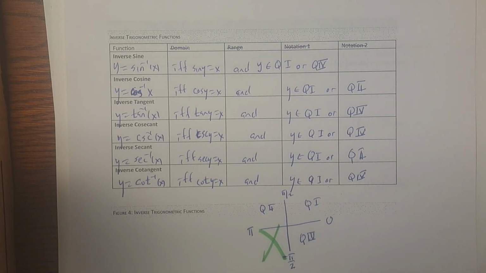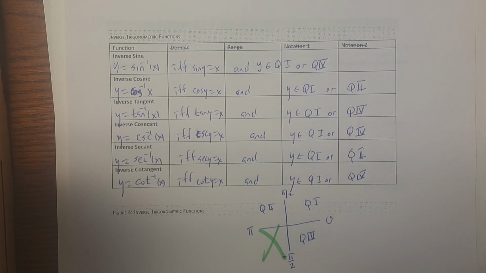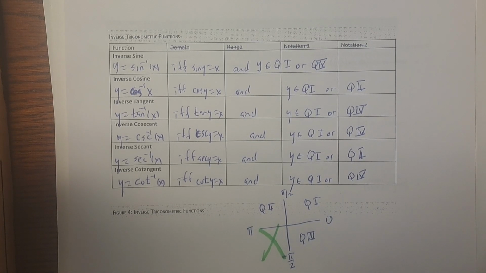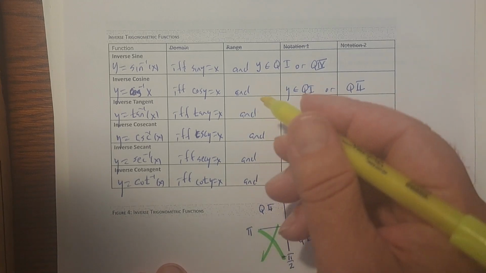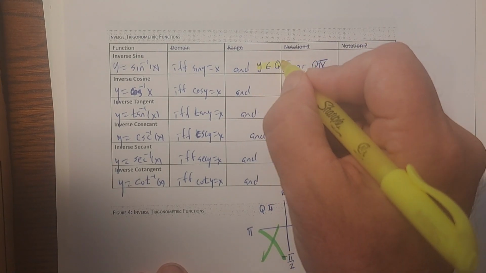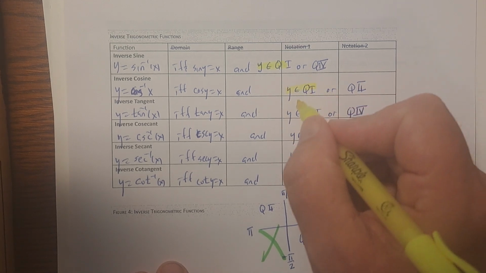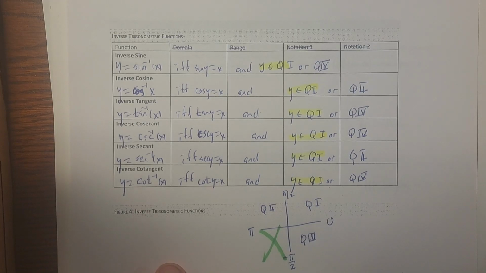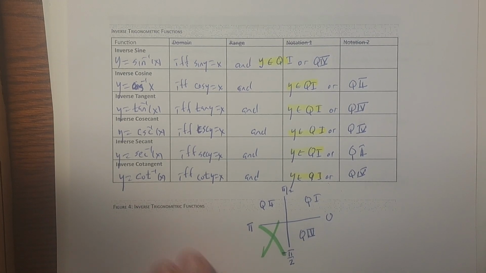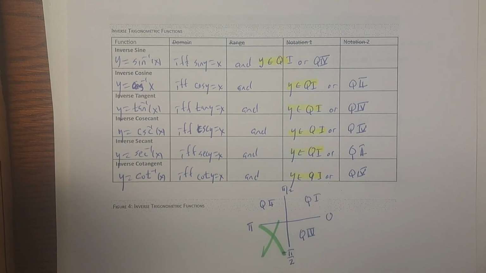One thing you should notice that helps you remember where your angle comes from, whether it's quadrant 1, 2, or 4, depending upon which inverse trig function it is: they all come from one of two quadrants, but all of them include quadrant 1. So quadrant 1 works for every one of the 6 inverse trig functions, so keep that in mind.